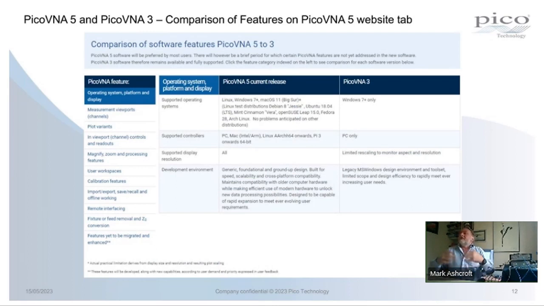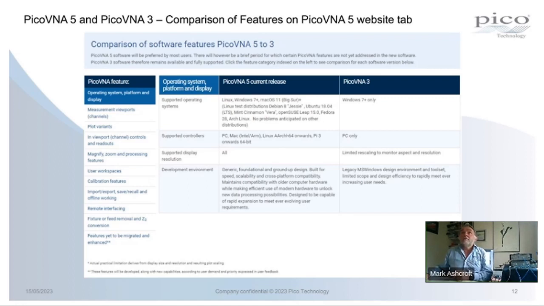On the website, on the VNA pages, you'll find there is a new PicoVNA5 software tab. Lots of information on there that I hope you'll find useful. But right at the bottom of the pages within that tab, there is this tabular comparison. There are some titles here, and if you click on each of those titles, here you see this one's operating system, platform and display. Here are the essential differences between PicoVNA3 and PicoVNA5.